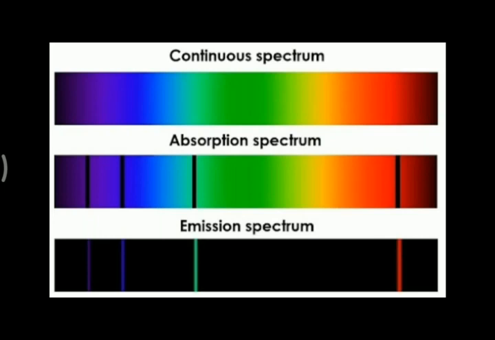But in emission spectrum, the third one, on a dark photographic plate, we got bright lines. You can see green line, red line and violet line on the screen. That means emission spectrum is formed on a dark photographic plate with bright lines. Absorption spectrum is formed with dark lines on a bright photographic plate.